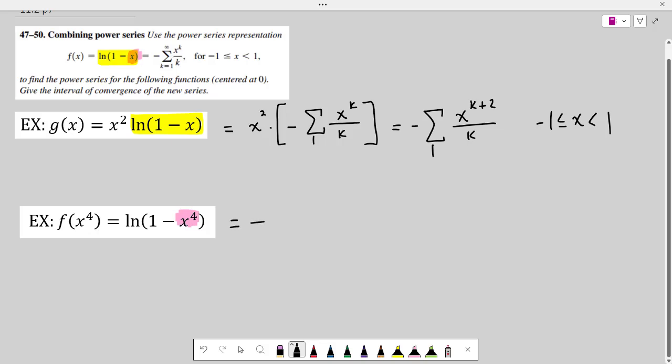So the power series here is going to start at 1. This x gets replaced with x to the 4th. And there it is. So we substituted x to the 4th in for x. And if we simplify those exponents, there's our power series.